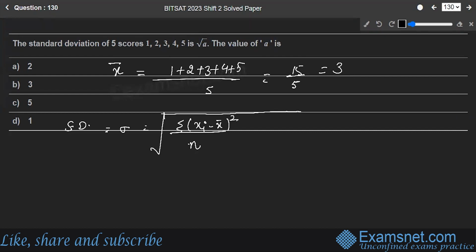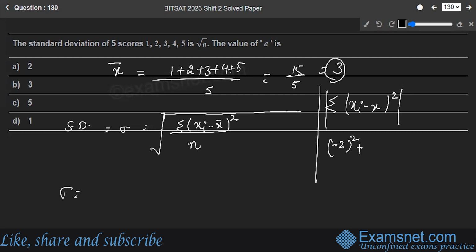Here is the square. So first of all, let's find the summation of (xi minus x bar) square. First was your xi, this will be minus 2. Here is a modulus, don't forget that, because it's square. So minus 2 square plus 3 minus 2.